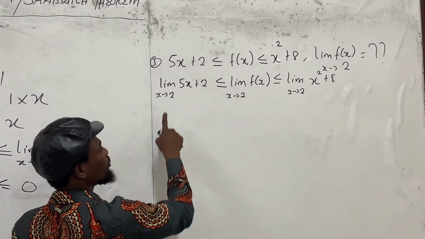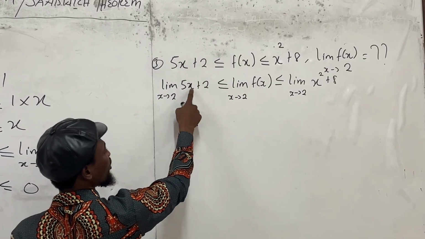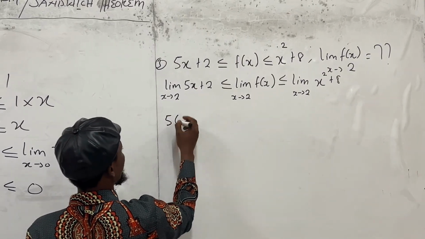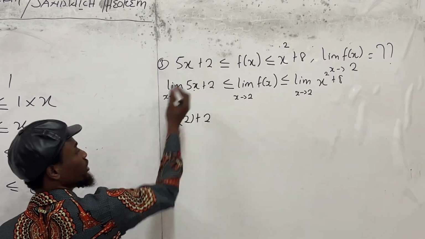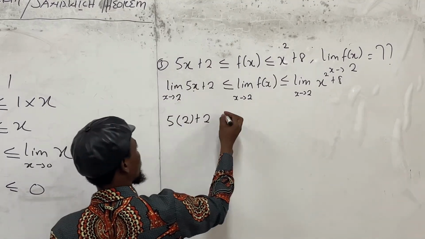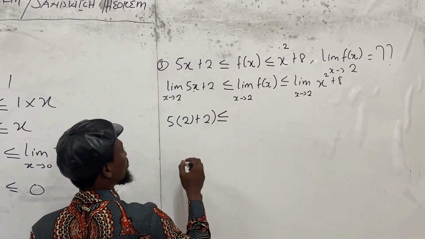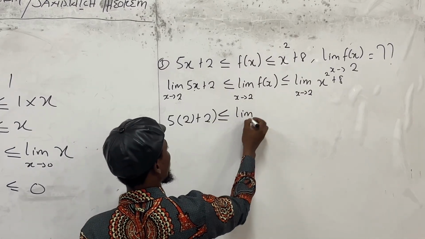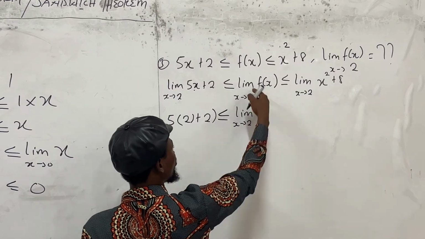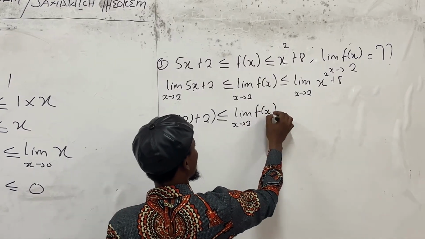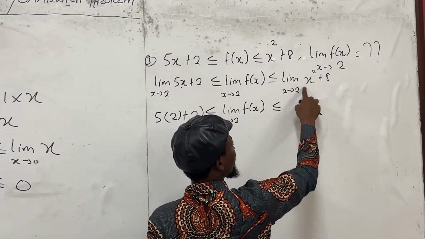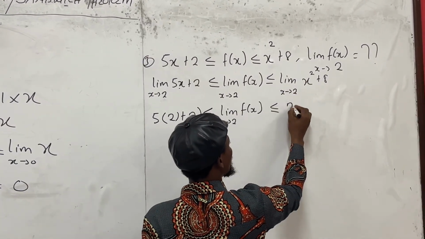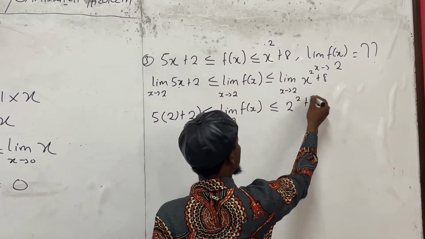By direct substitution, wherever you see x, we put 2 there. So 5 multiplying 2, plus 2, is less than or equal to the limit, because that is the question, so we don't need to evaluate this, then less than or equal to 2 squared plus 8.